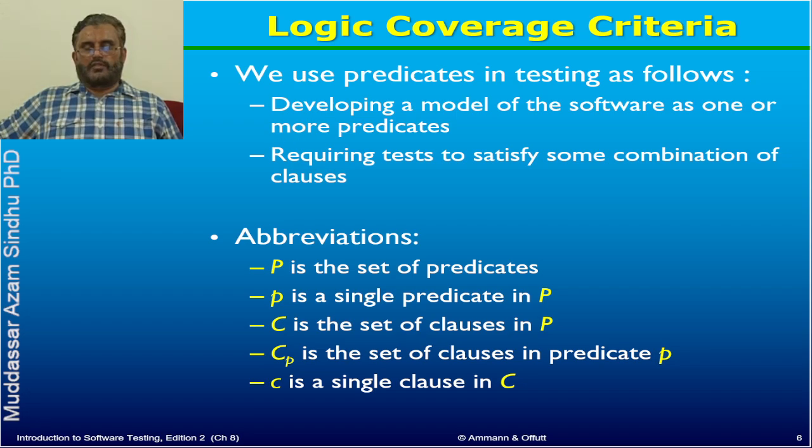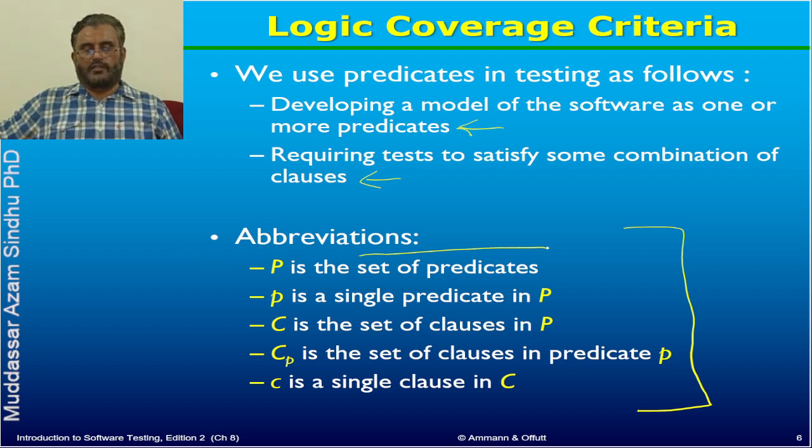So in testing we use predicates as follows. First of all, we develop a model of the software as one or more predicates, and then we require the test to satisfy some combination of the clauses inside the predicates. For that we need this kind of notation. The capital P represents the set of predicates which we want to study in the model we developed.